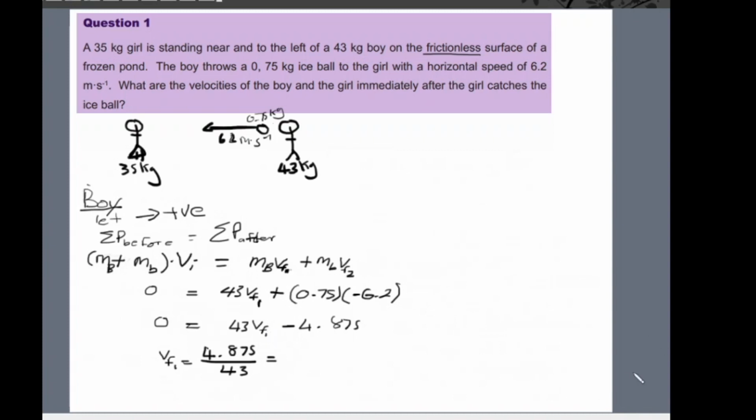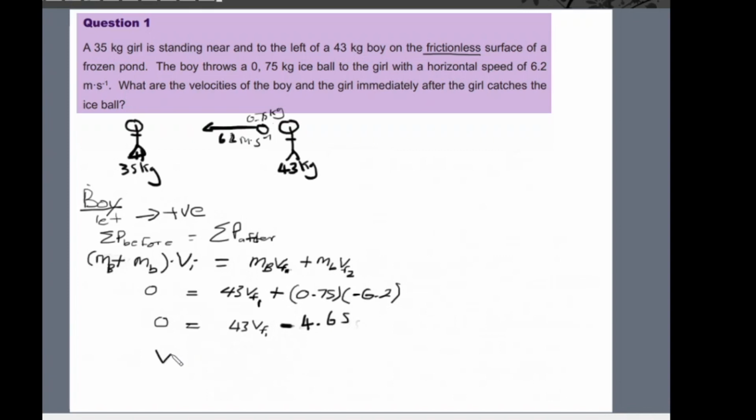Let me double check my calculations. 0.75 times 6.2. So this is 4.65, sorry, not 4.875. Right. So 0.75 times 6.2, it's 4.65, right?